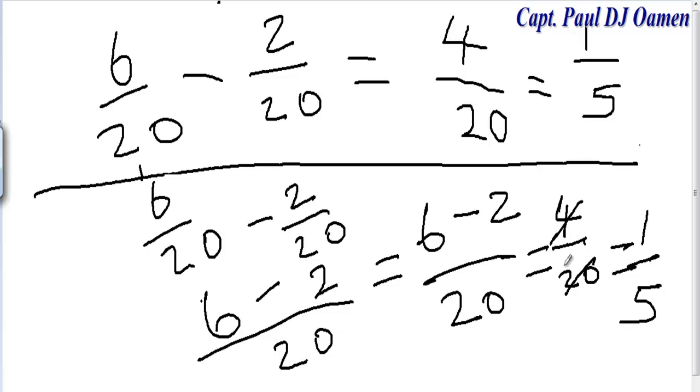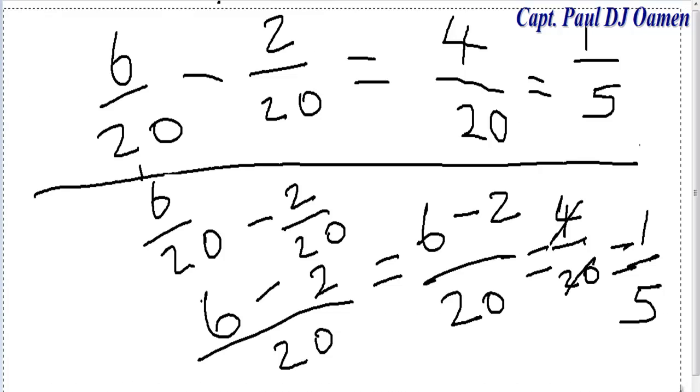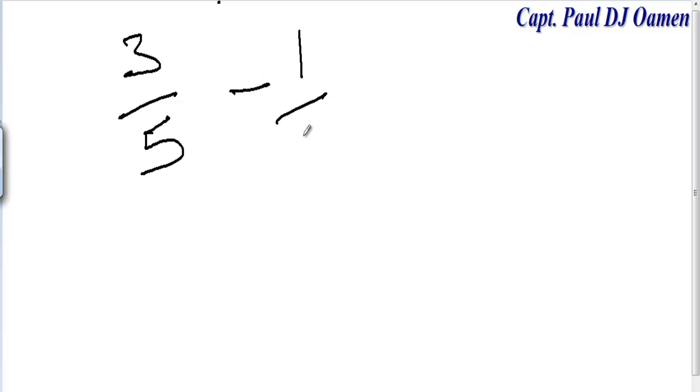Now let's have a look at another subtraction entirely. Supposing we get rid of all of these. Alright, let's get rid of that. And this time around, supposing our problem is 3 over 5 minus 1 over 5.